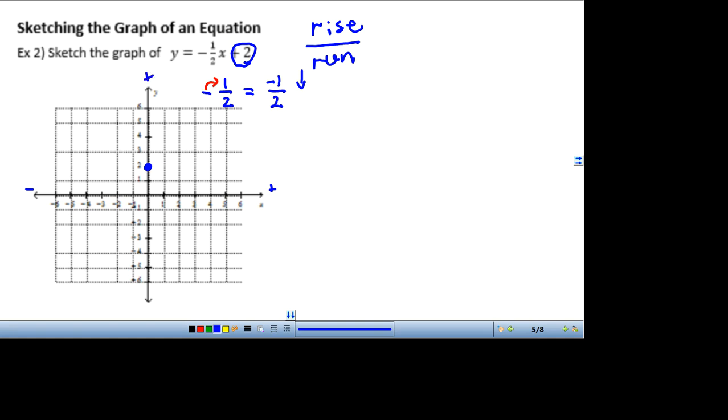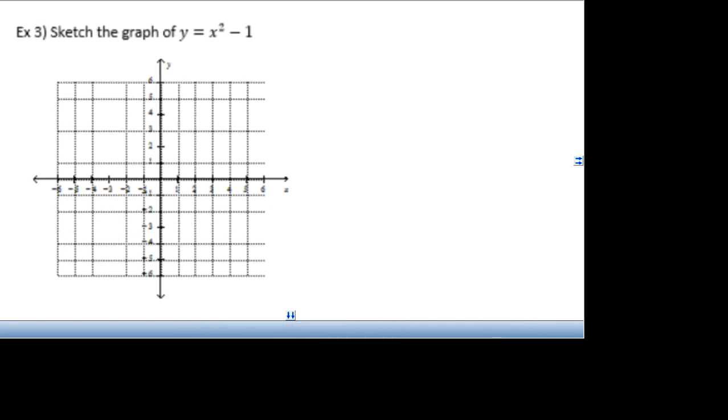This is my positive rise, this is my negative rise. So that positive 2 means I go to the right. So I'm going to go down 1, right 2. Let's just do it. Down 1, right 2. Down 1, right 2. So that is going to be my line. Now I messed up over here a little bit. It should actually go through right here. Sorry. Forgive me.